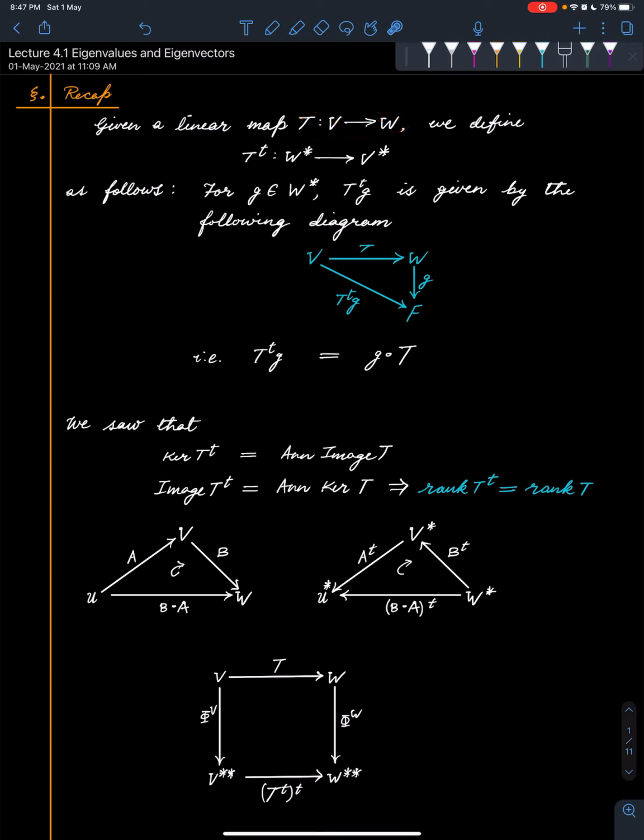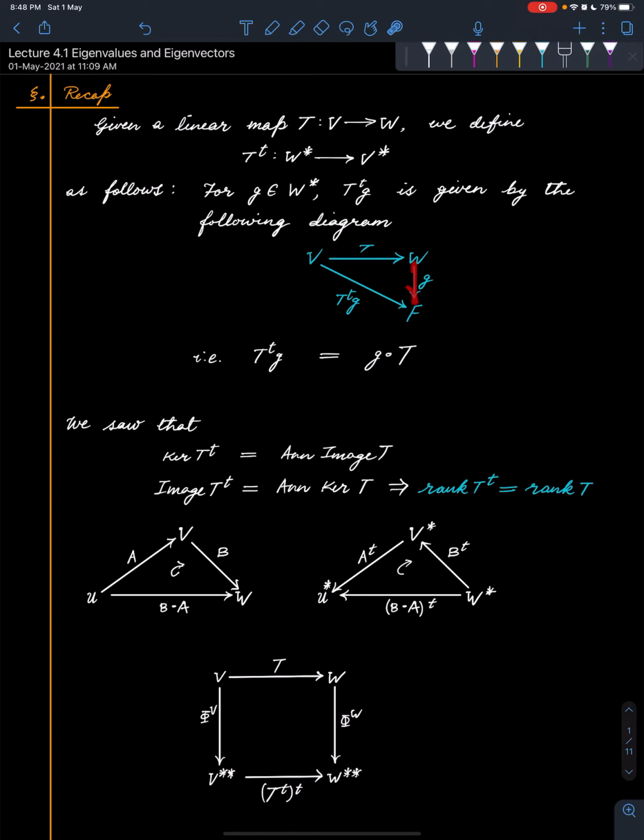Then we defined the transpose of T as a linear map from the dual of W to the dual of V as follows. Given a member of the dual of W, we defined this in a certain way, which is equivalent to expressing it via this following diagram.